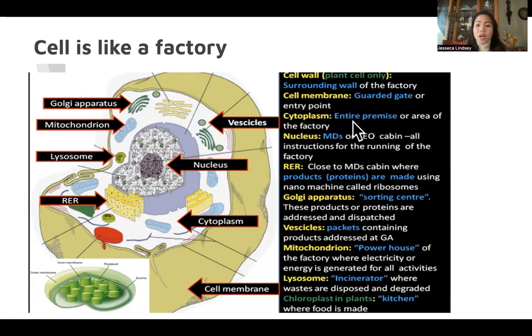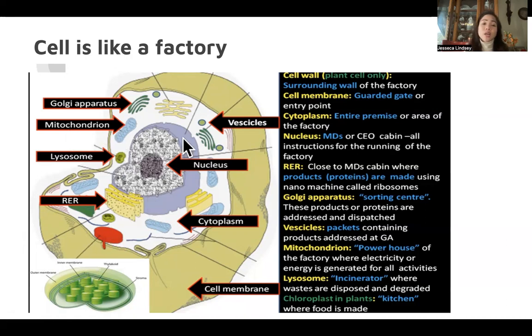Cytoplasm is the jelly-like fluid of the cell. Its entire premise, or area of the factory, can be the floor where all the workers and all of that stuff is happening. Golgi apparatus is known to be the packager. If this is a factory, the Golgi apparatus are the ones packing the products that are being ordered or produced in the factory.